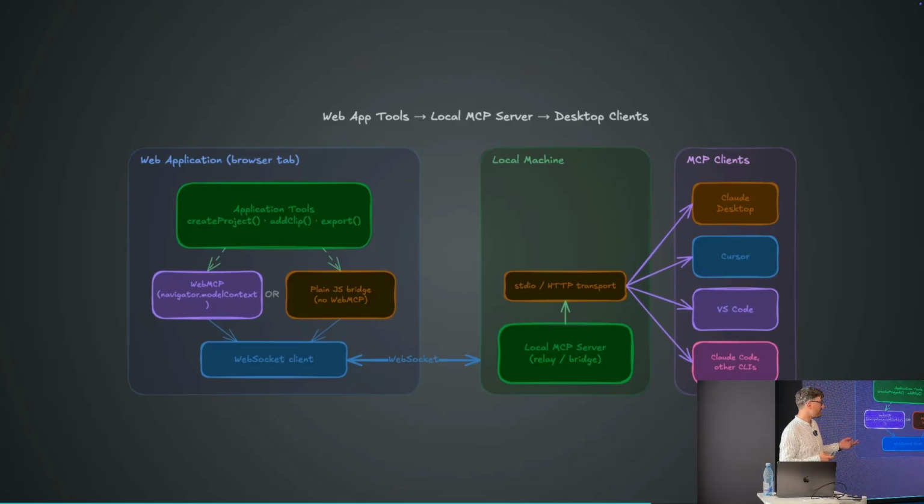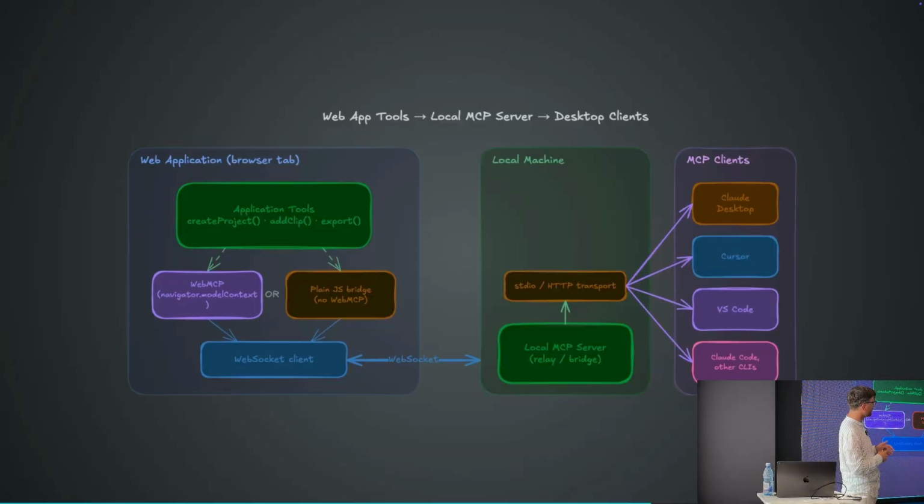The local MCP server is just a relay, a bridge. It just takes all the actions that I have in my web app and sends them to any MCP client that's relevant.